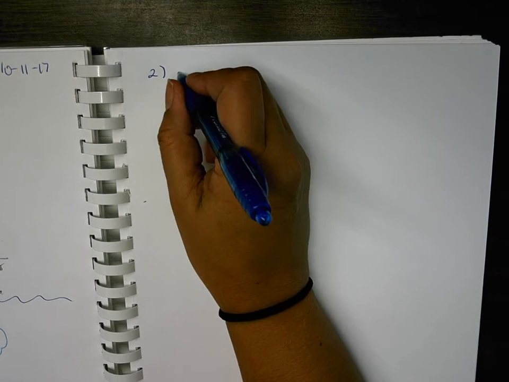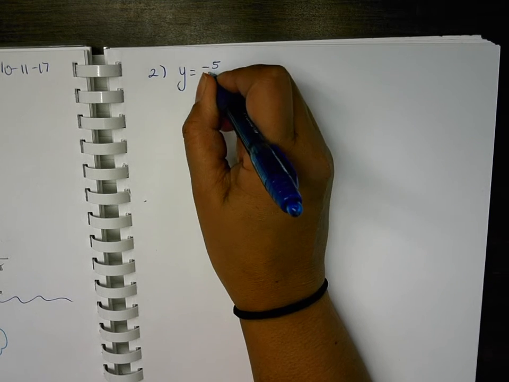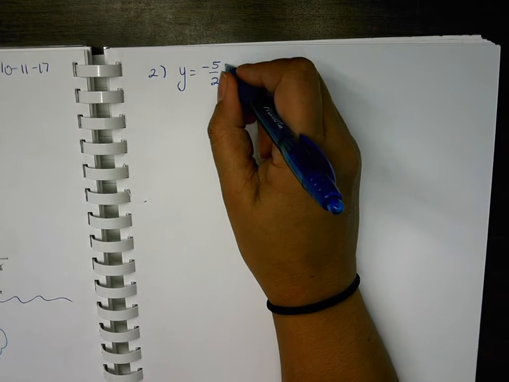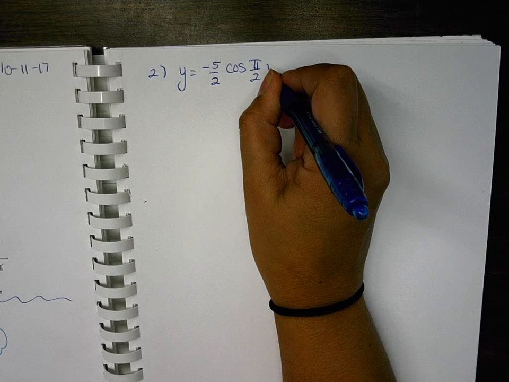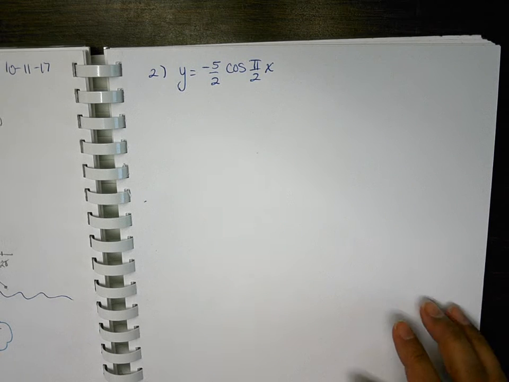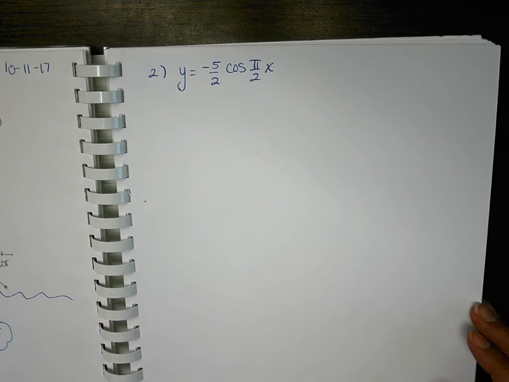y equals negative 5/2 cosine pi over 2 x. You ready?